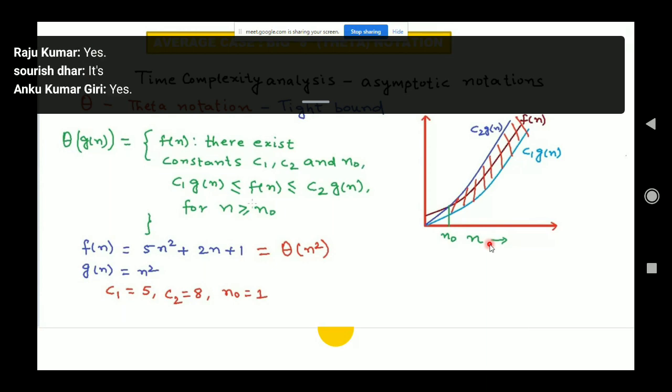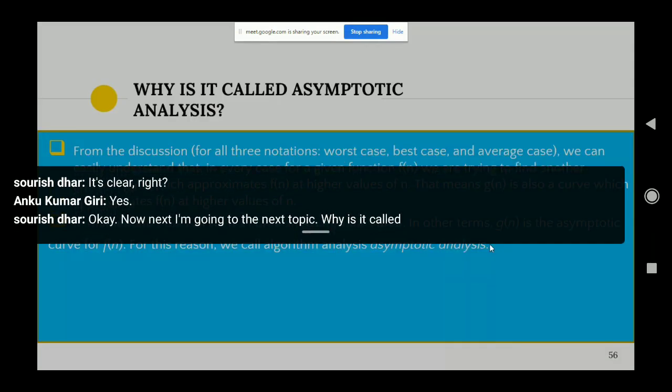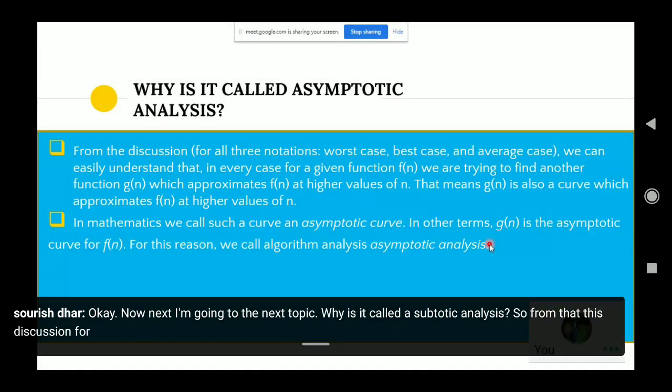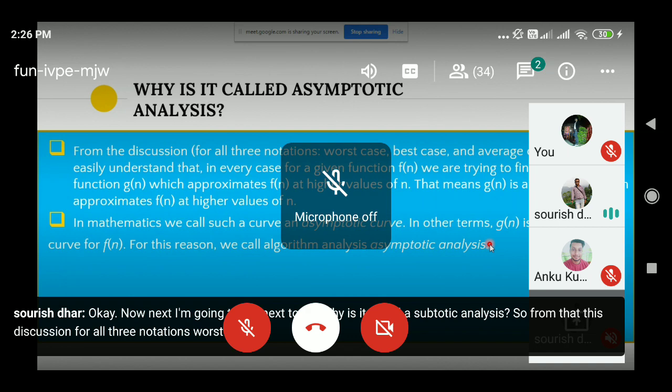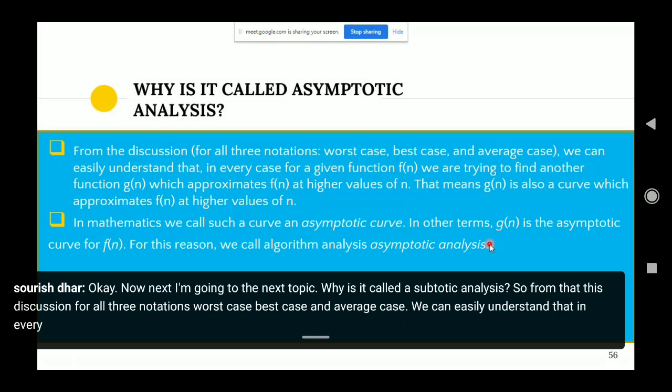Okay, now I'm going to the next topic. Why is it called asymptotic analysis? From the discussion of all three notations, worst case, best case and average case, we can easily understand that in every case, for a given function f(n), we are trying to find another function g(n) which approximates f(n) at higher values of n.